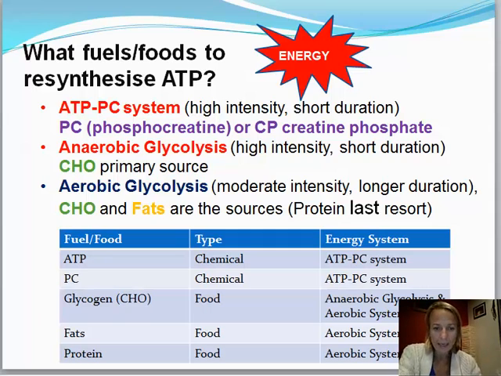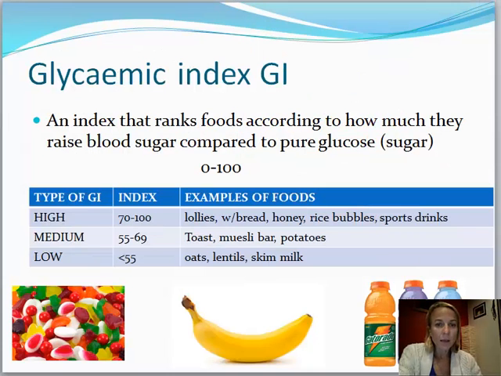Finally, I just want to talk briefly about glycemic index. Glycemic index, oh, I haven't changed the slide, sorry. Glycemic index ranks different foods according to how close to sugar they are. So if something is 100% sugar, it will be 100 because that's the closest thing you can get to sugar.